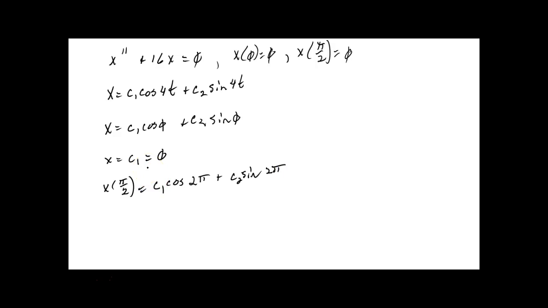When you plug that in there, what is cosine of 2 pi? 1. Sine of 2 pi? 0. And this is equal to 0, so that says C1 is equal to 0 again. Well, we already knew that.